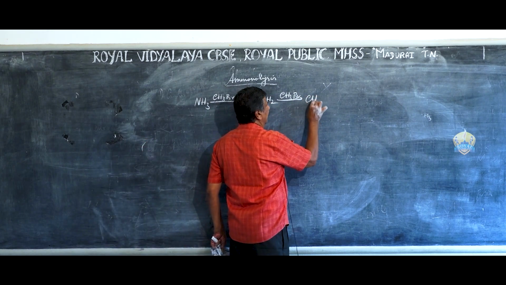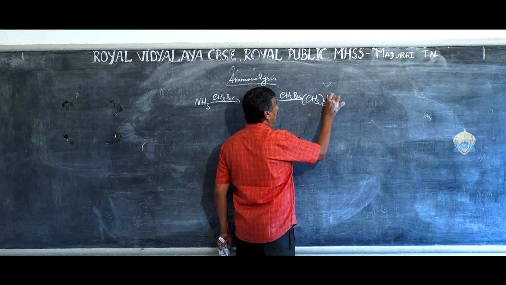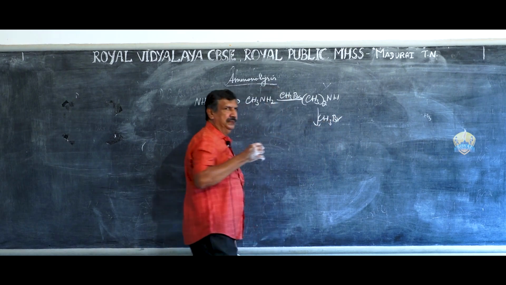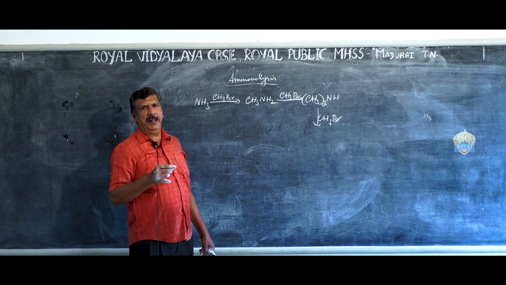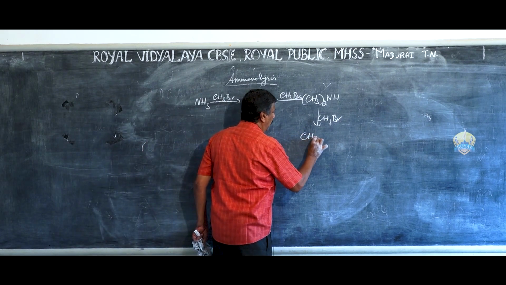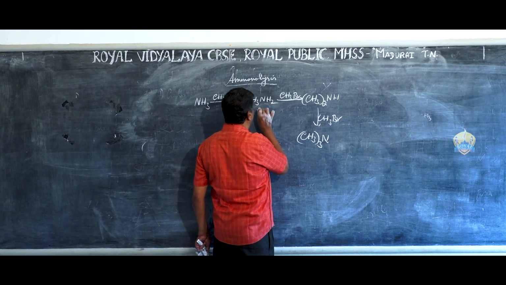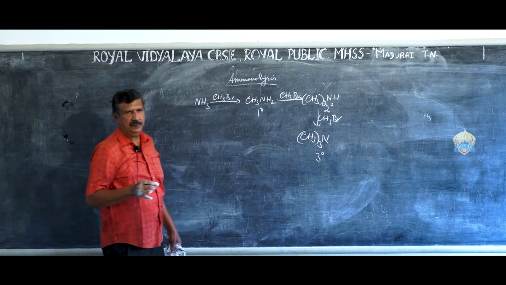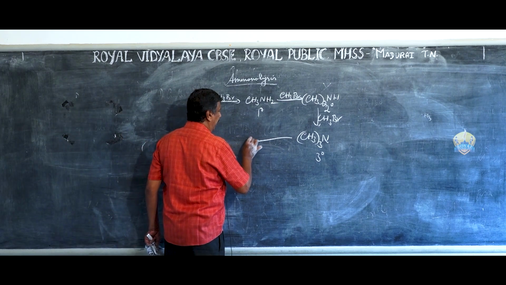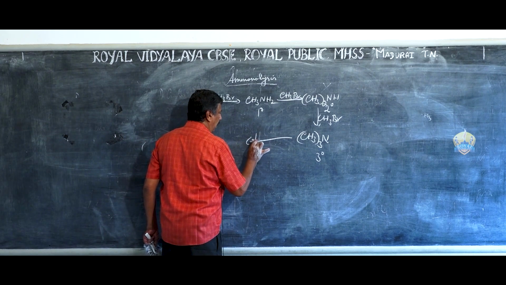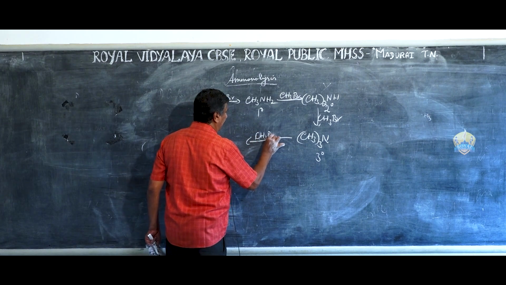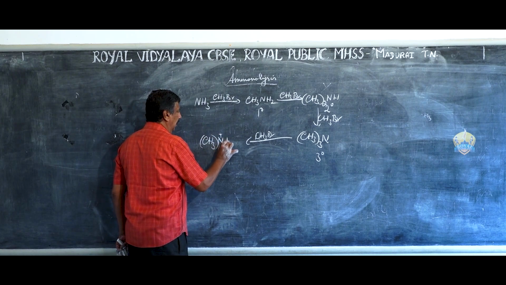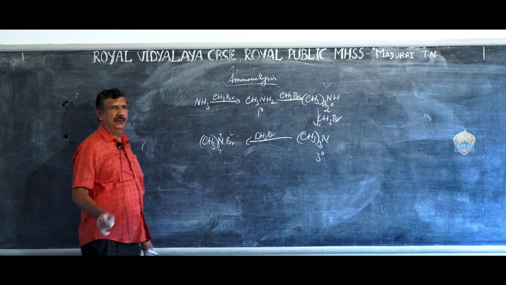Then again, with methyl bromide, one more will be replaced. This is primary, this is secondary, this is tertiary. And when you treat with one more methyl bromide, it will give the quaternary salt.